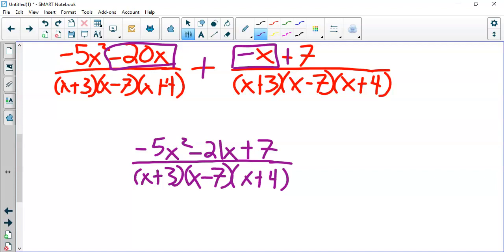You can guess and check. They didn't learn that one, but you can try guess and check. You can do the box method. If you watched my video on box method, you could do slide and divide. So, yeah. So whatever your method of factoring a trinomial is, because that's what you have in the numerator, you just do it.